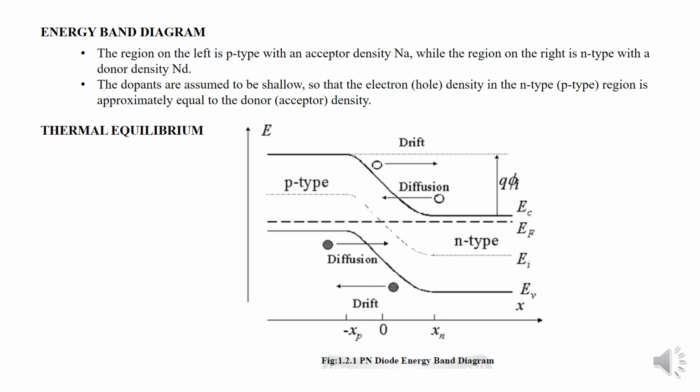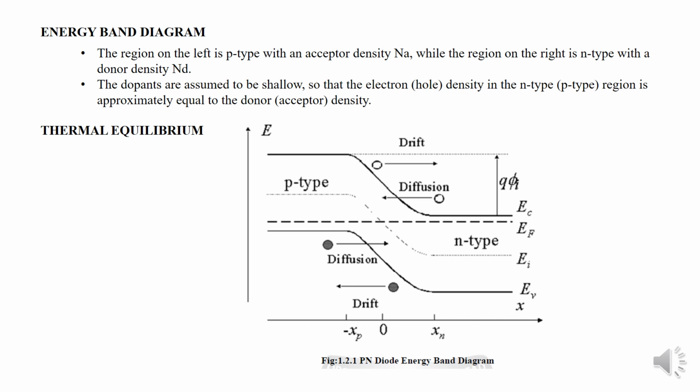To reach thermal equilibrium, the electrons and holes close to the metallurgical junction diffuse across the junction into the n-type and p-type regions, where hardly any electrons and holes are present. This process leaves the ionized donors and acceptors behind, creating a region around the junction which is depleted of mobile carriers.